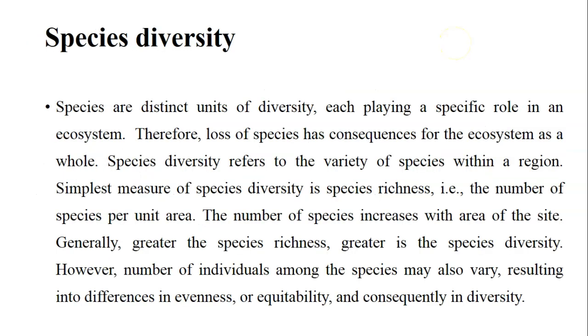And in the case of species diversity, we are going to see the diversity of species within a particular area or biogeographical zone. So species are distinct units of diversity, each playing a specific role in an ecosystem. Therefore, loss of species has consequences for the ecosystem as a whole.